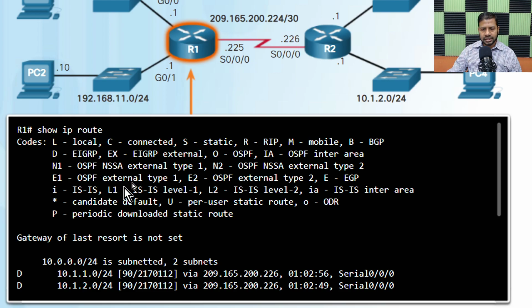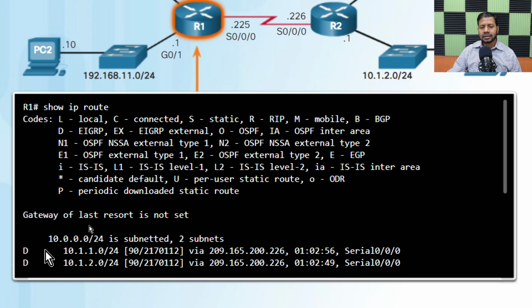And then it's going to show information like this, and at the end, there are two lines here. That line shows 10.1.1.0 with a 24-bit mask, that destination network. That network was learned by D, which means EIGRP. It was learned by EIGRP protocol. Therefore, its administrative distance is 90. This 2170112, this long big number, that is called the metric.